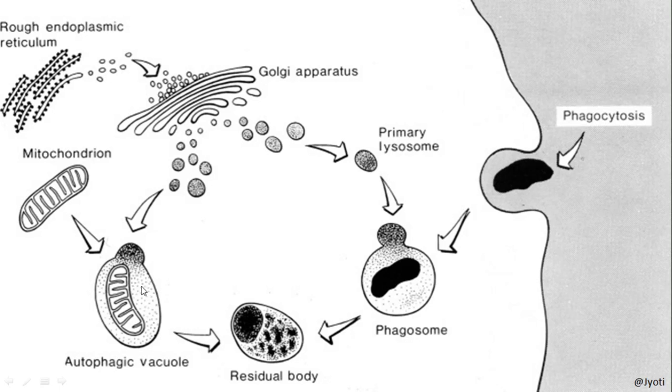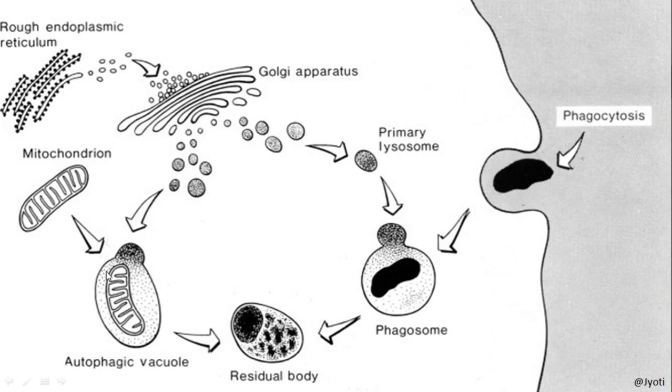And sometimes, as I have told you, when some cell organelles, here I have shown you mitochondria, become worn out or functionless, this mitochondria needs to be removed from the cell. Then what happens? This mitochondria is engulfed by the lysosome, here you can see it has engulfed the mitochondria, and it digests the mitochondria.